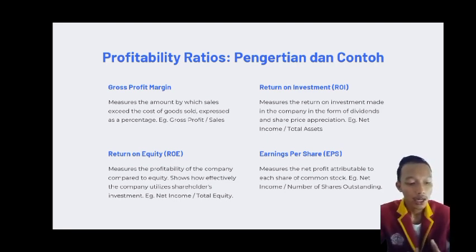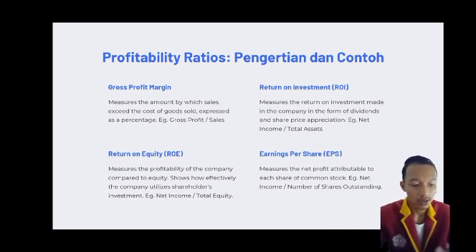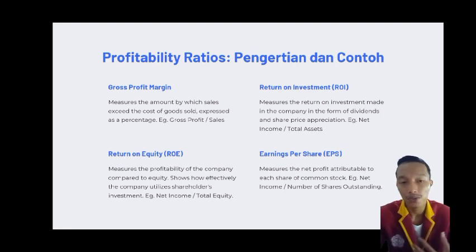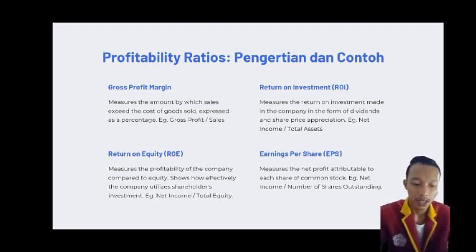Point number 2, return on investment or ROI measures the return on investment made in the company in the form of dividends and share price appreciation, as net income over total assets.